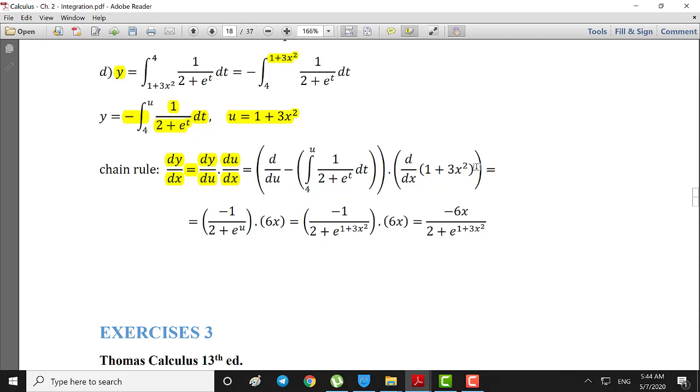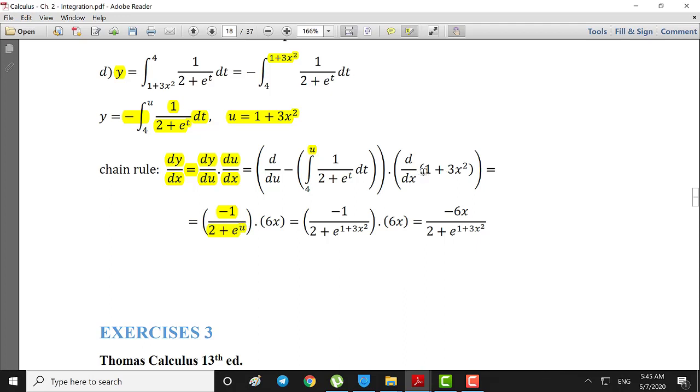Now, we have to first evaluate the first parenthesis, which according to the fundamental theorem of calculus, part 1, is minus d over du of the integration from 4 to u of something dt, which is that thing evaluated at u, which is minus 1 over 2 plus e to the u.